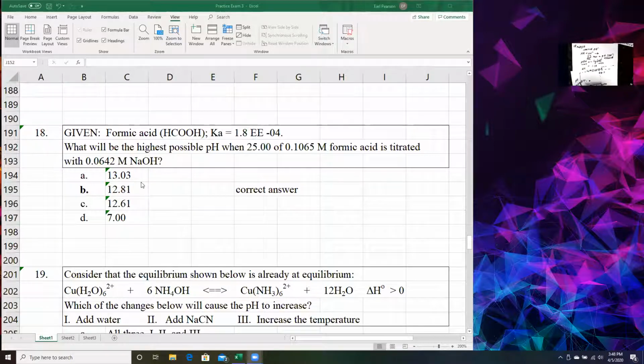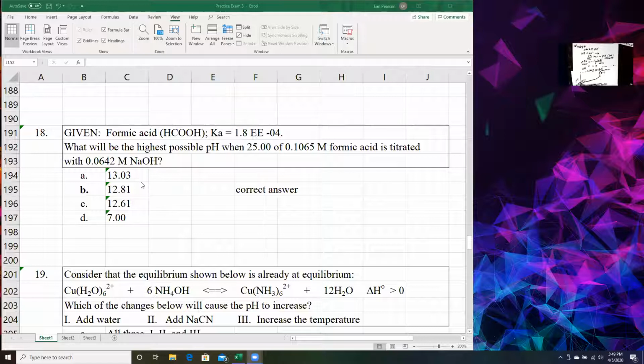So here's what's going to happen. The pH is going to look like this. It's going to go all along here like this, and then when we get to here, it's going to shoot almost straight up like that, and then it's going to level back off to that right there. So that's what the titration curve would look like.